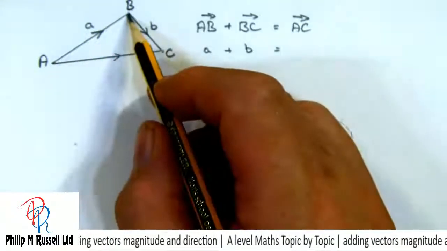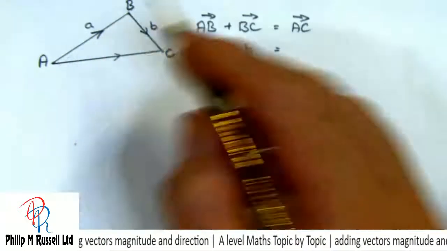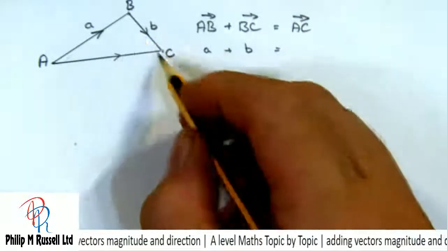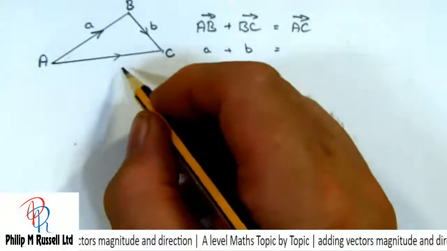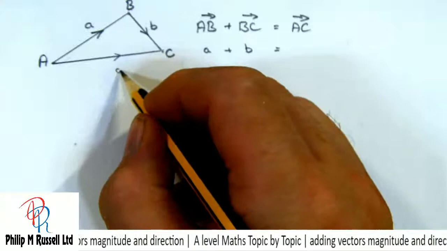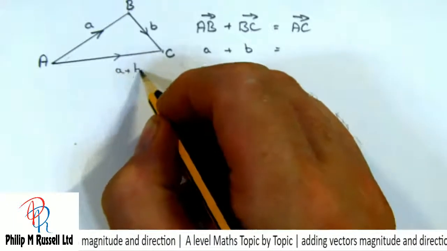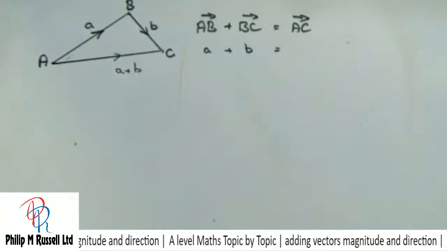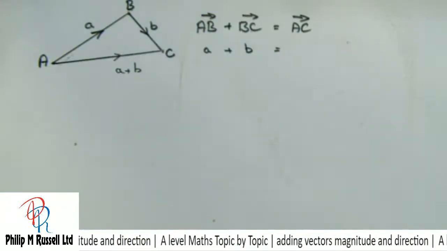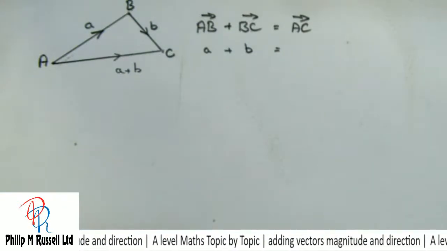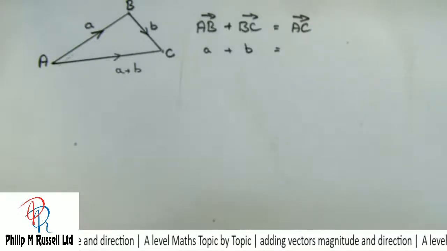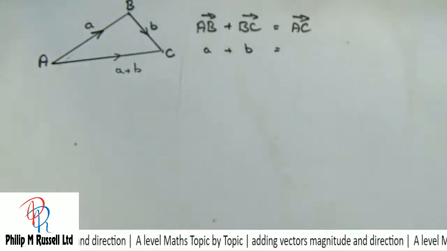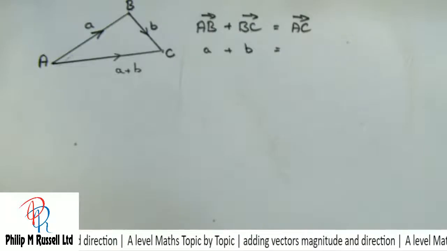We can go from there to there and there to there. So we'll just have it A to B is the same as this vector, which is A plus B. We can work out all sorts of different things to try and work out what particular vectors are.